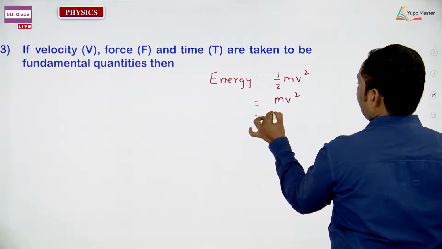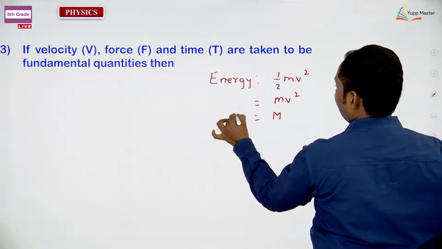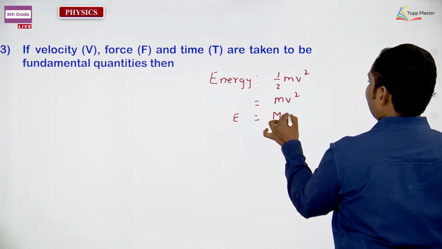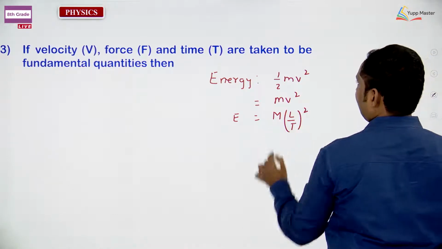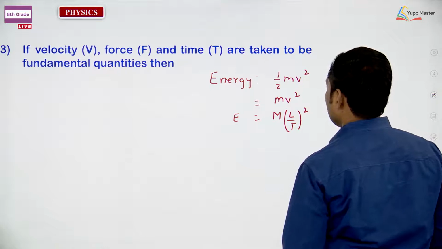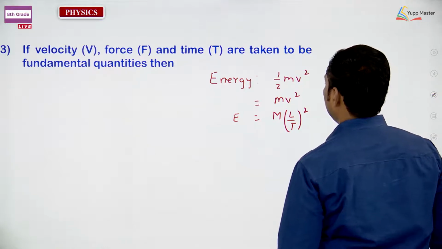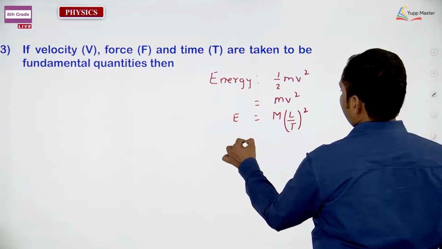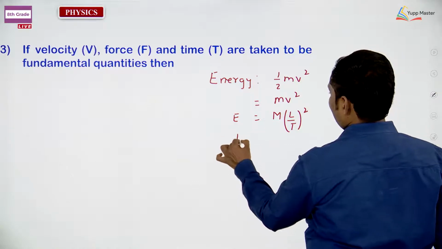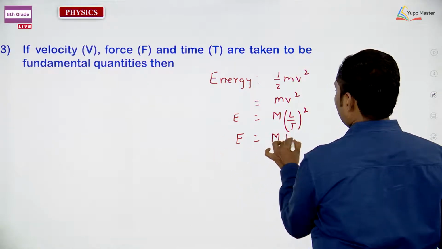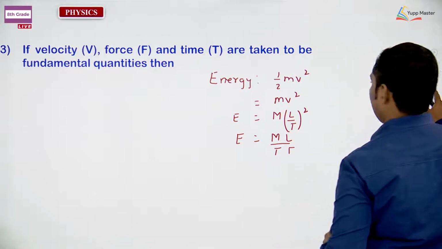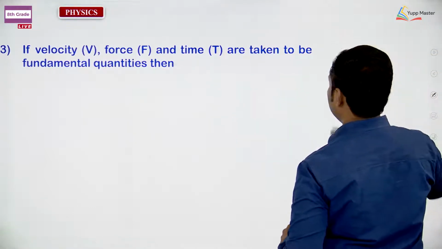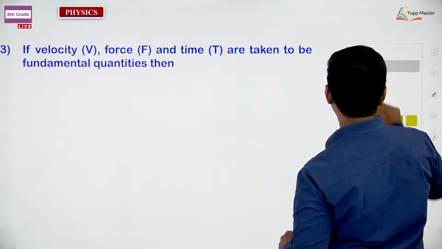So energy E, v square, that is L by T whole square. So we would like to have E is equal to m L by T into T. Okay, otherwise we will check in a different procedure.